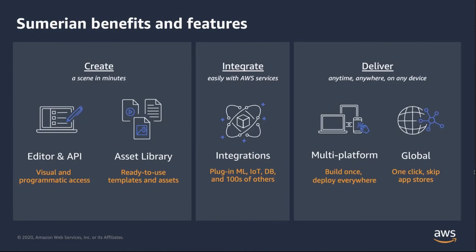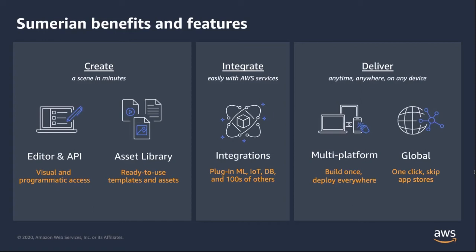If we look at the general content production pipeline, Sumerian has a lot of features and benefits that really make it stand out. We wanted to make sure that Sumerian made it easy to create this type of 3D content. Literally, you can create Sumerian experiences with just a few minutes of work. The editor and the API and everything that makes these experiences work is all browser-based, so you don't have to install any tools locally. You just access them through your regular web browser.